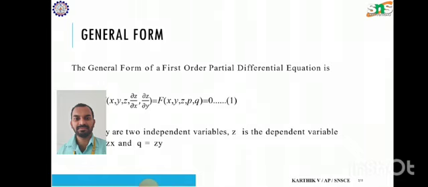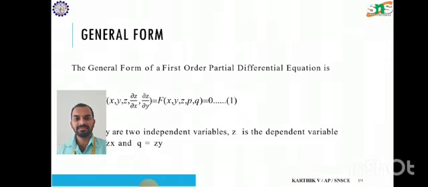The general form of a partial differential equation is f of x comma y comma z comma ∂z/∂x comma ∂z/∂y equal to f of x comma y comma z comma p comma q equal to 0. Here ∂z/∂x means the partial derivative of function z with respect to x. Next, ∂z/∂y, the partial derivative of function z with respect to y.